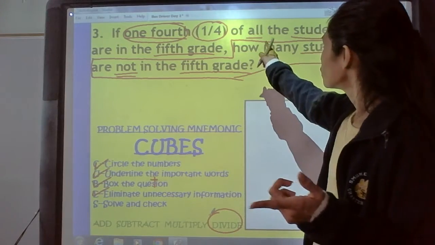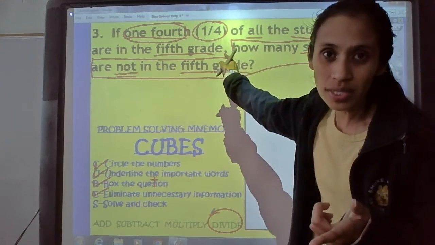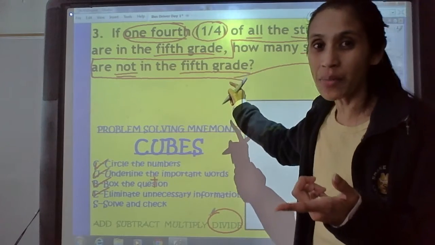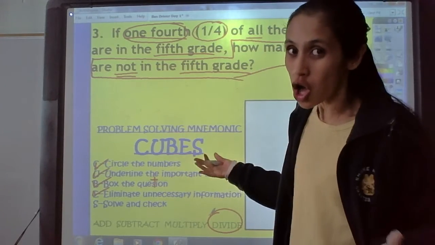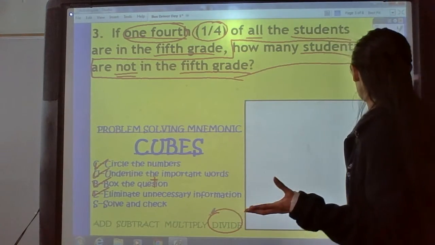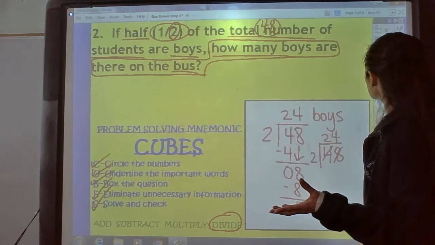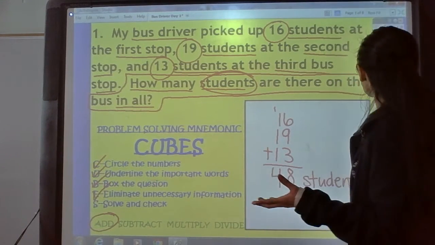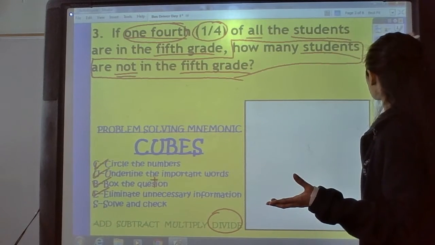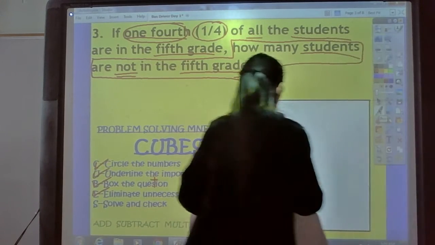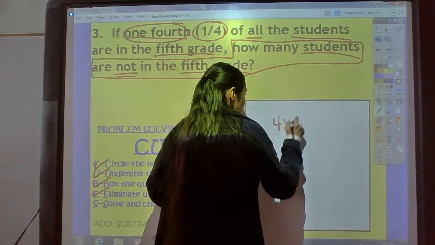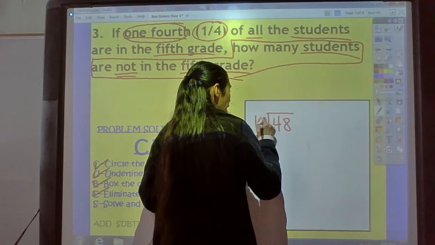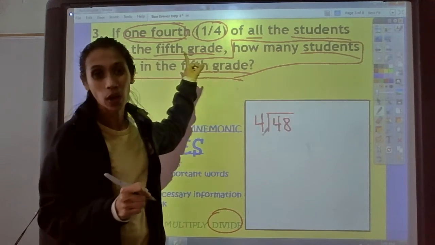We're dividing all the students. This was like the last one. Do you remember how many students there were in all that we need to divide? Let's go back to question number 1. Right there. 48 students. So we need to divide 48 by what? By 4, because it's 1/4, okay?